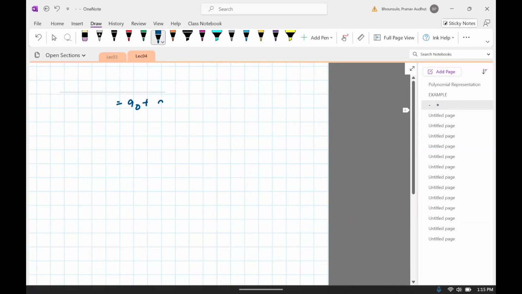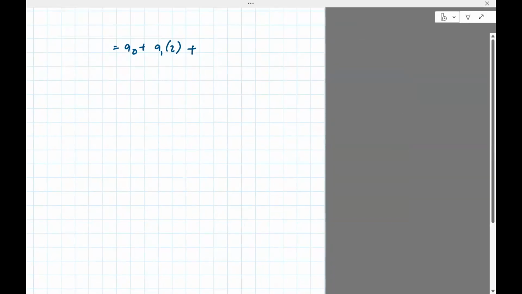So I put a0 plus a1 times 2 plus a2 times 2 square, and then we saw the value was minus 2.